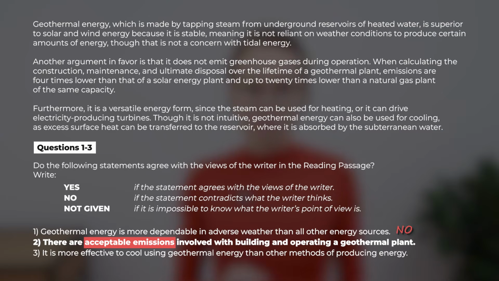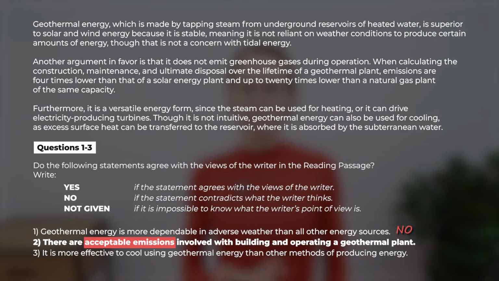Now, look for the correct part in the text. We can see the verb "emit" here, so this sentence seems to talk about emissions. The sentence states that an argument in favor of geothermal energy is that it doesn't emit greenhouse gases when operating. That sounds reasonable. We keep reading as there is more discussion about emissions.